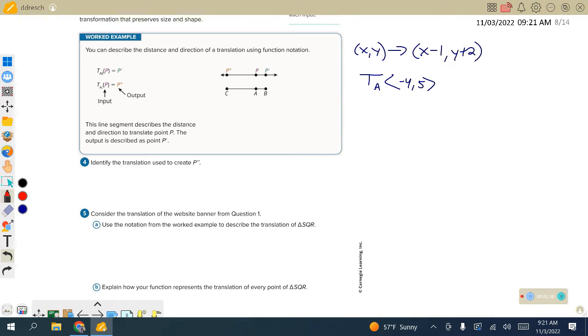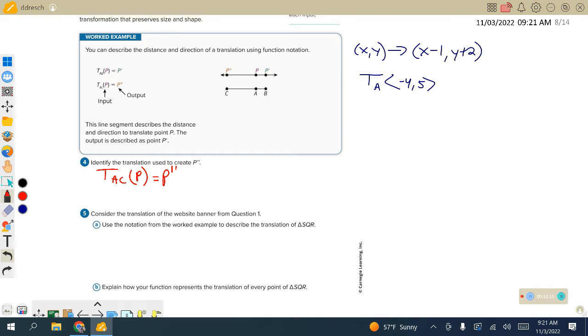So translation of, what they already did for us. Remember your input. You gotta remember your pre-image. So take that pre-image, that input, and create, in this case, P double prime, which they literally wrote right above. That was silly.